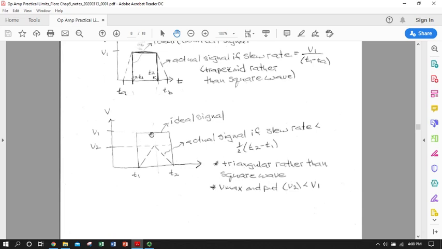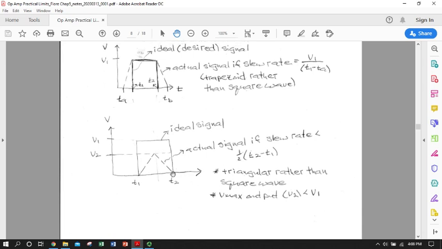If we wanted to have one spot where the output of the op amp faithfully replicated our max gain of V1, it would just be that single point. So we would say, okay, what's the slope that corresponds to that? How fast would our op amp have to move to go from 0 volts to V1 and then turn around and come back to pick up that one spot on the signal?